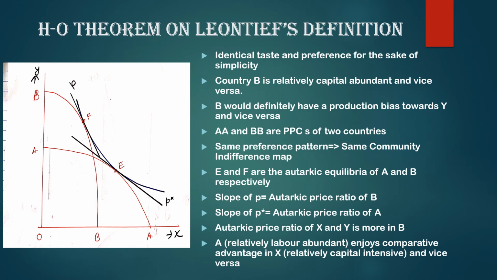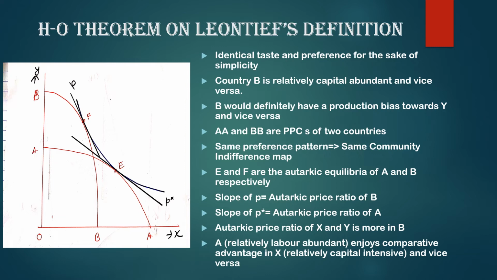So first of these, whenever we are going to prove the Chacholiades theorem, first we will consider that the taste and preference is same in both countries. So the taste and preference pattern is almost same in both countries.